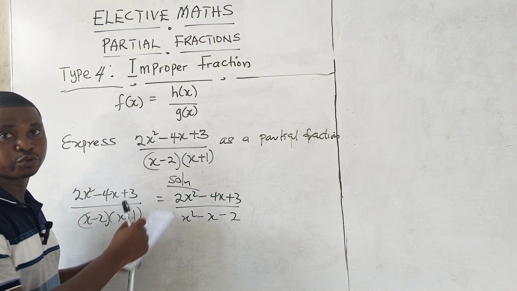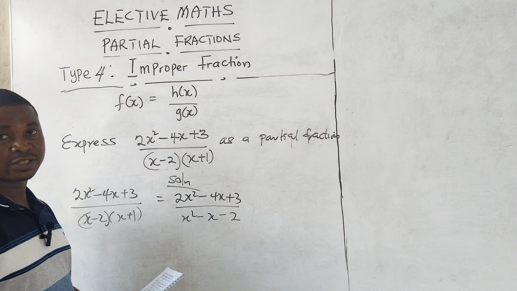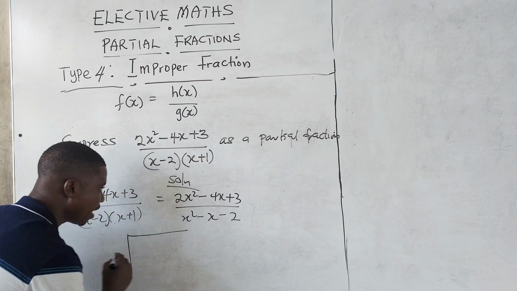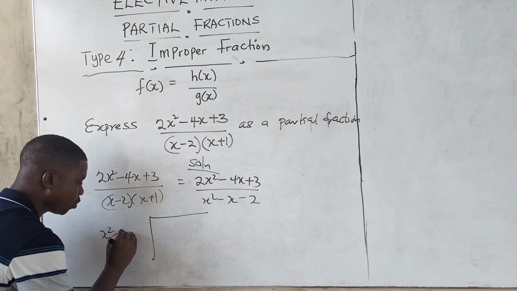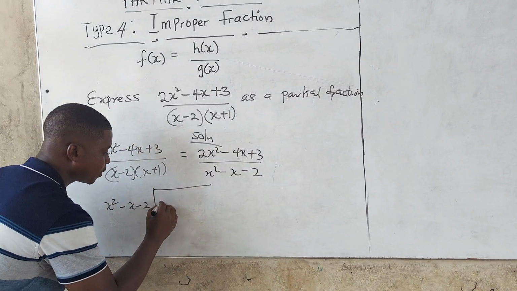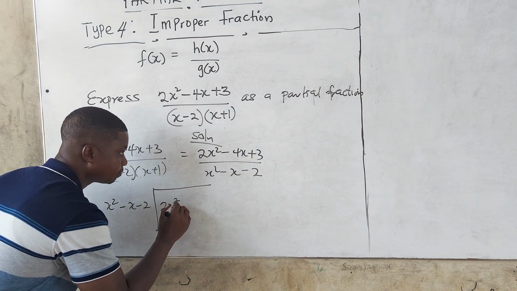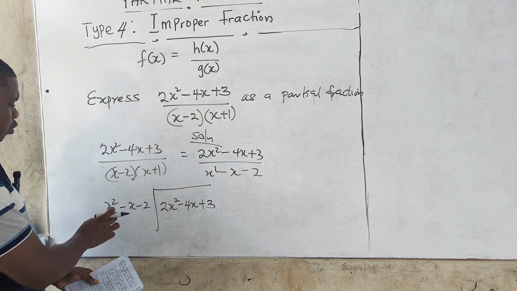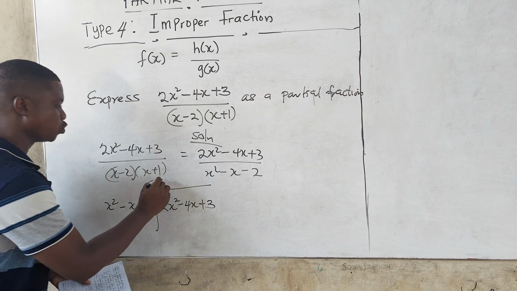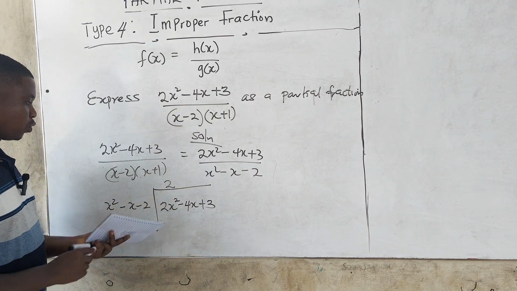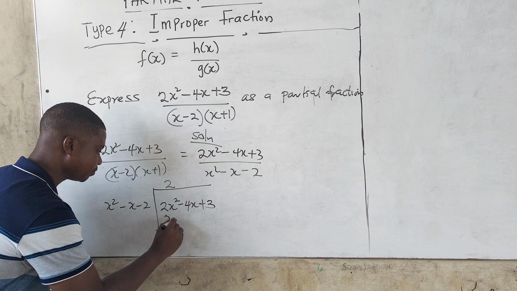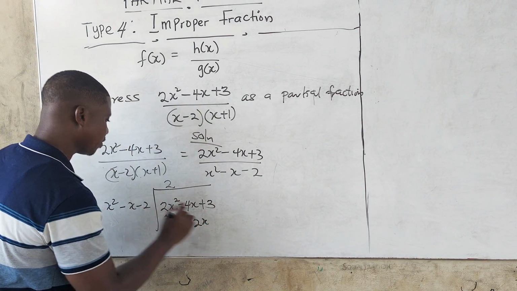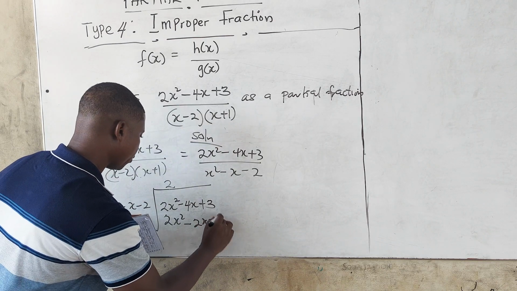And to handle an improper fraction, you have to divide through the polynomial function. So let's divide. We have x squared minus x minus 2 dividing 2x squared minus 4x plus 3. So x squared goes into 2x squared 2 times. 2 times this, we have 2x squared. 2 times that, we have minus 2x. 2 times this, we have minus 4.